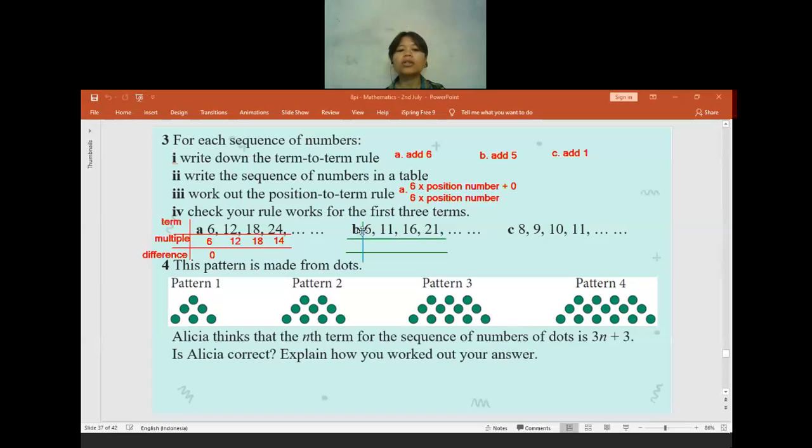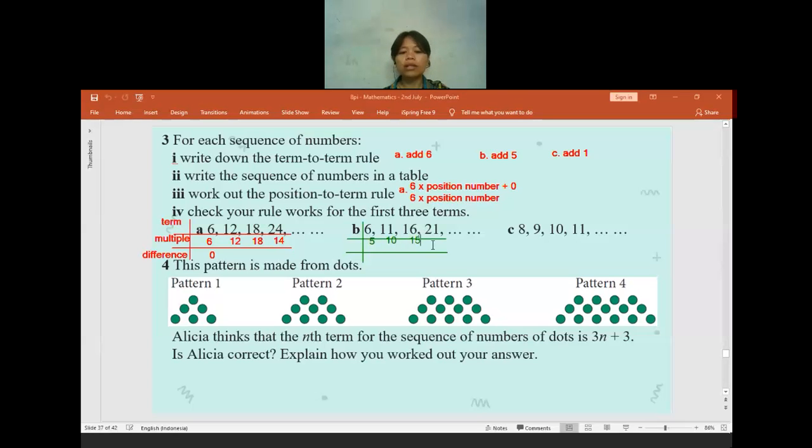Now, let us continue to question 3B. For question 3B, now that I already have the terms, we need to find the multiple of how many. Yes, we need to find the multiple of 5. What number is the multiple of 5? Multiples of 5 can be 5, after 5 it can be 10, and then 15, and then 20.